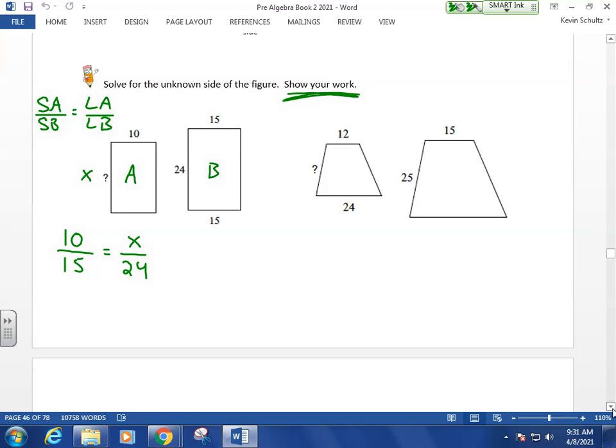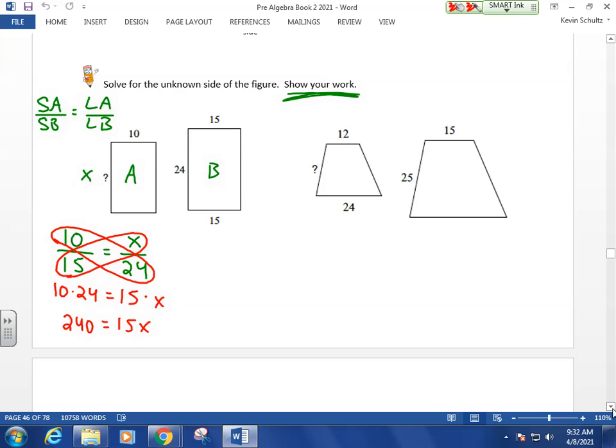The cross products method states that the product of the numerator of one and the denominator of the other, in this case 10 times 24, is equal to the product of the denominator of one and the numerator of the other, 15 times x. Right? We can do the left side, 10 times 24, and the right side we leave as 15 times x, which we write as 15x.